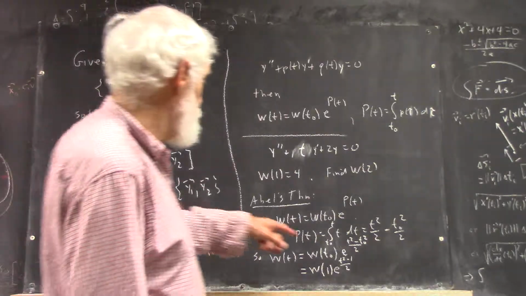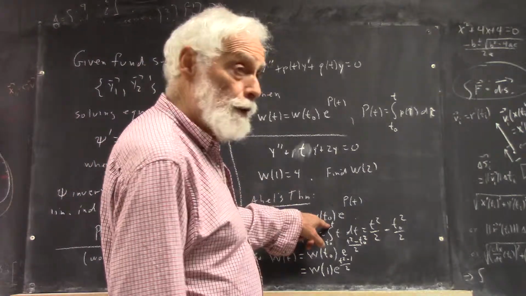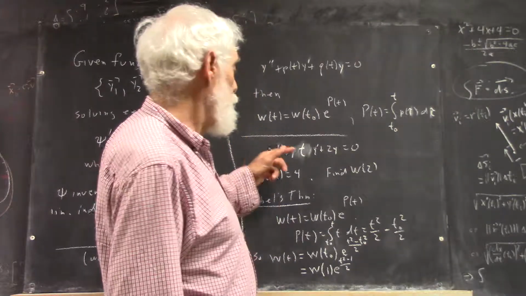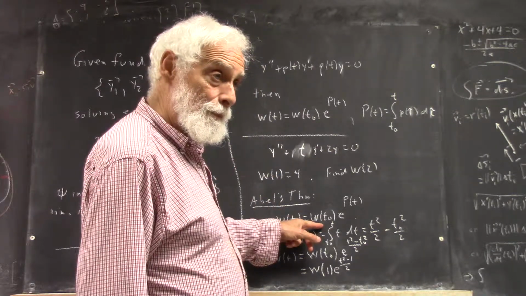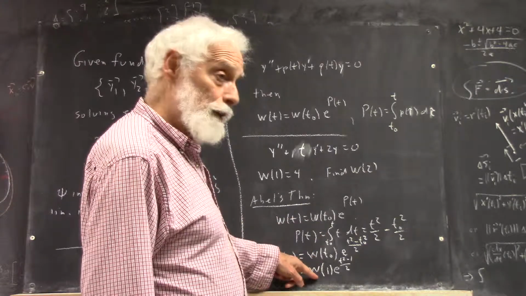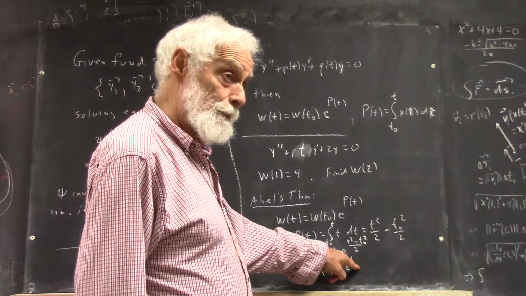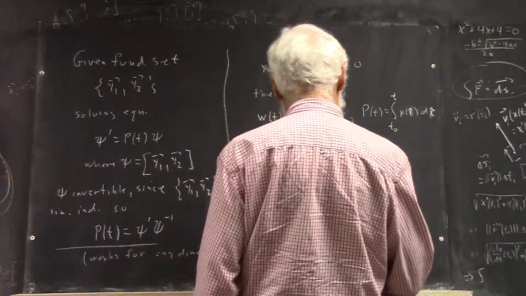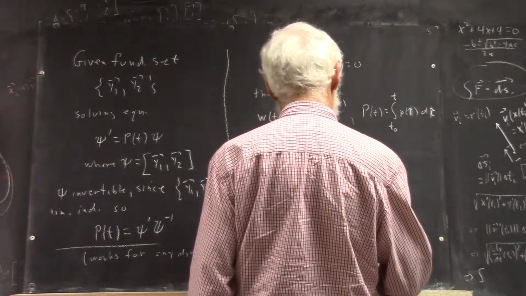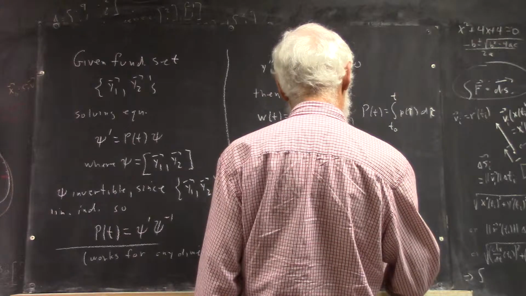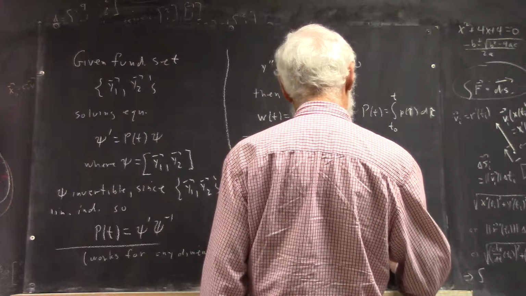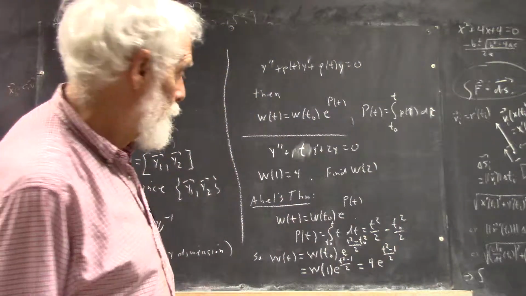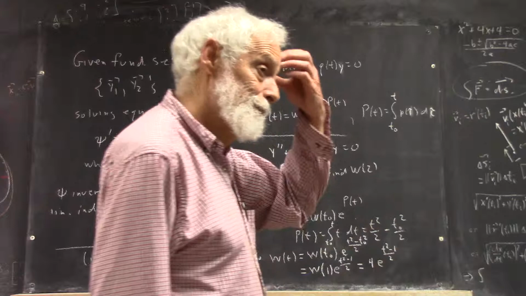I just substituted 1 for t naught. So if I know the Wronskian at any point, I can use that point. So this is equal to 4e to the t squared minus 1 over 2. So there's your Wronskian.